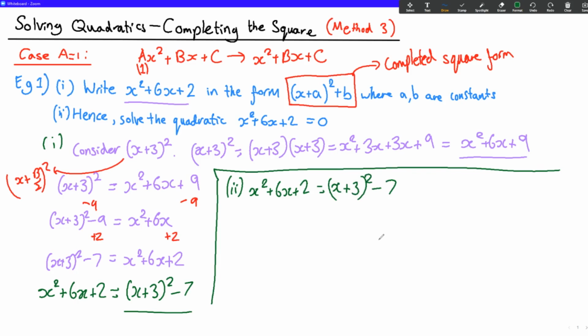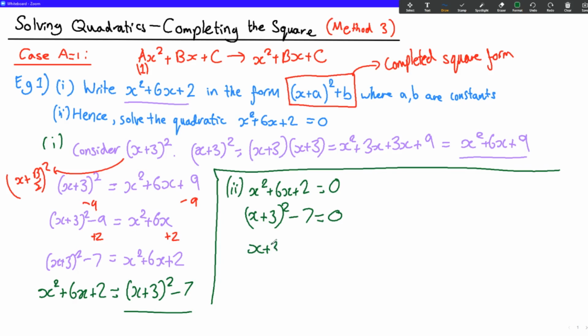So obviously we can use any of the other methods we've learned, but if you're told to use completing the square, we can use this here. That is the same as that because we've just proven it here.